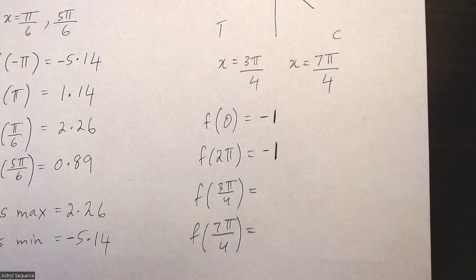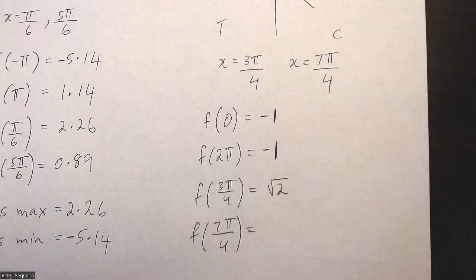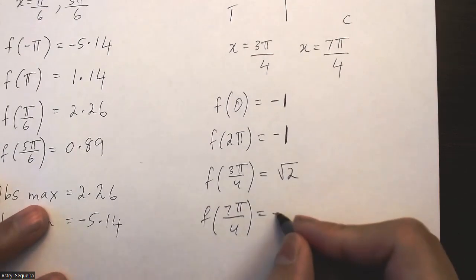3 pi over 4 is √2. And 7 pi over 4 is -√2.